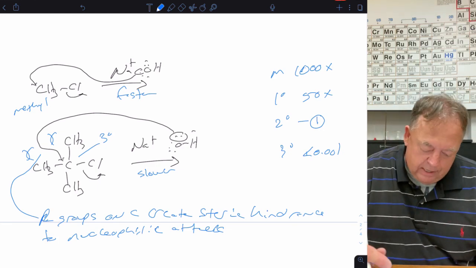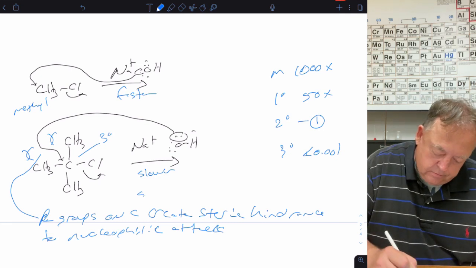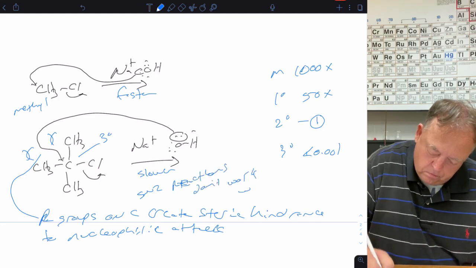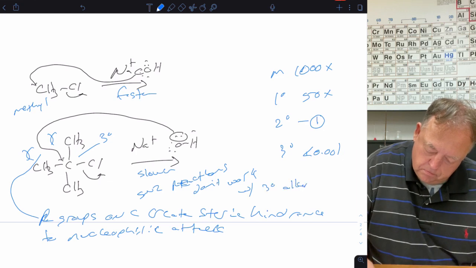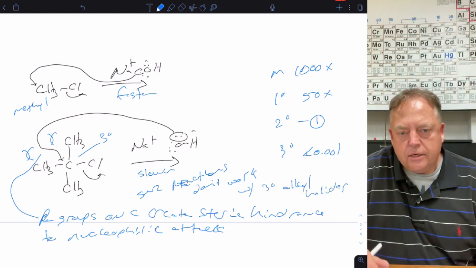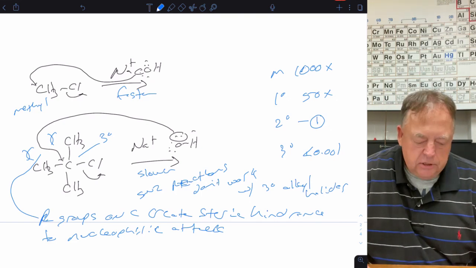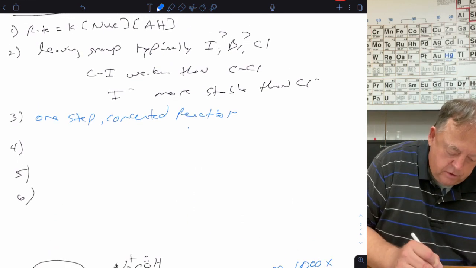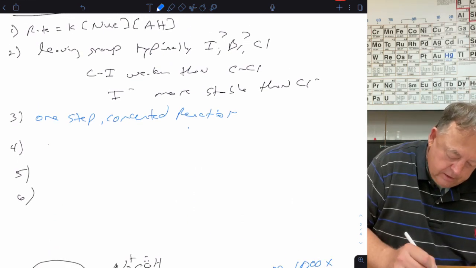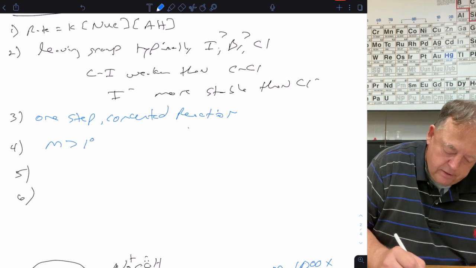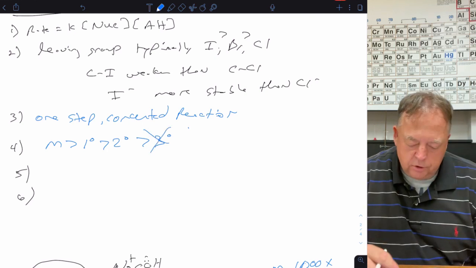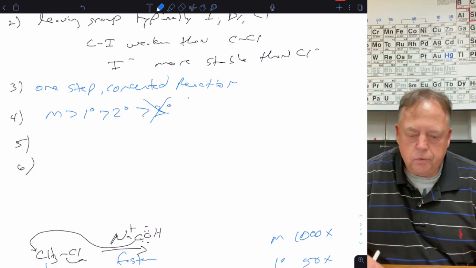And so in essence, SN2 reactions don't work at tertiary centers because there's too much steric problem. So that's another characteristic of an SN2 in terms of the alkyl halide. Methyl reacts faster than primary, which reacts faster than secondary, which reacts faster than tertiary, and generally tertiary alkyl halides do not do SN2 reactions.